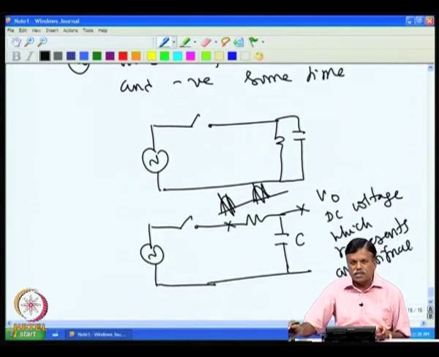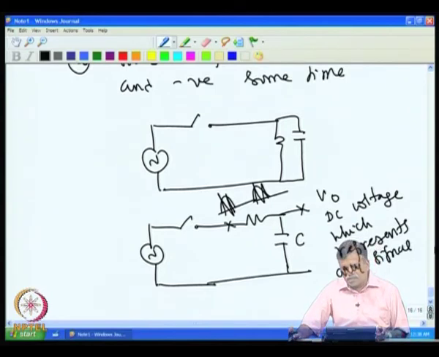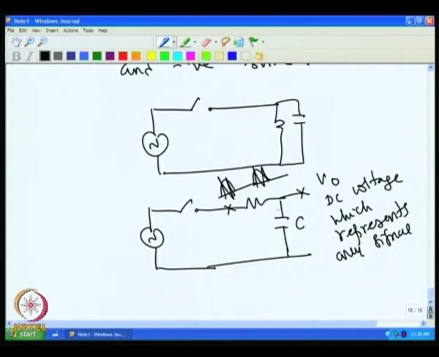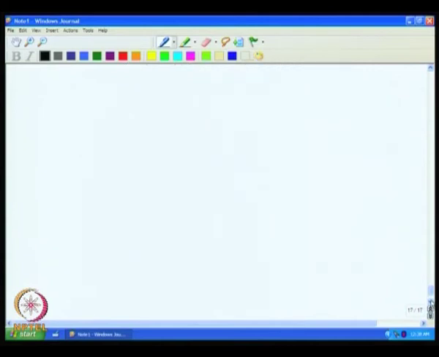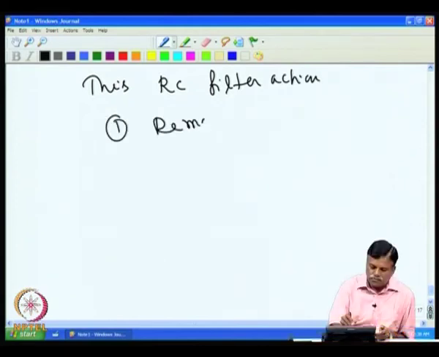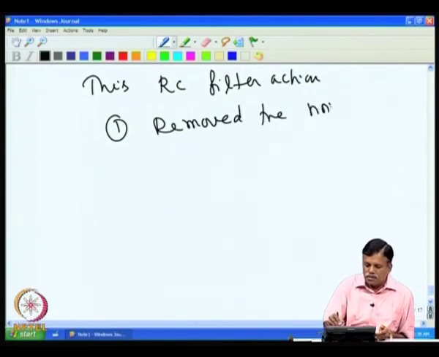What happened to the noise? Actually the noise got averaged by itself, because noise is positive sometimes and negative sometimes. So, this RC filtering action actually removed the noise by averaging.